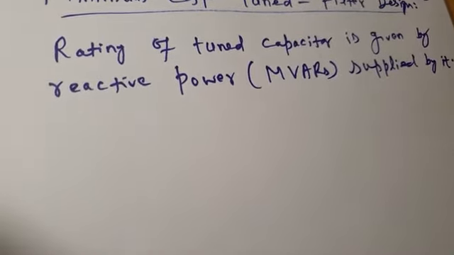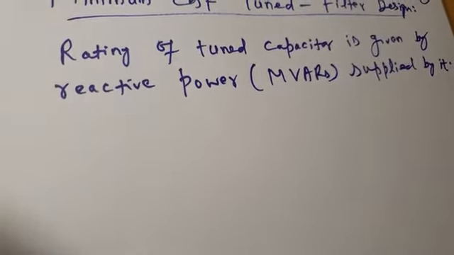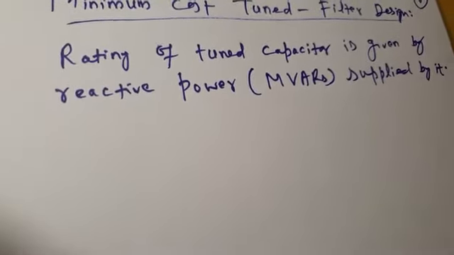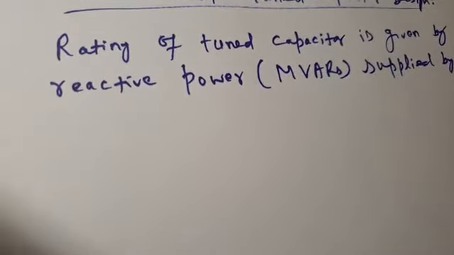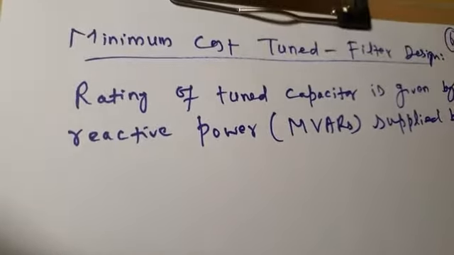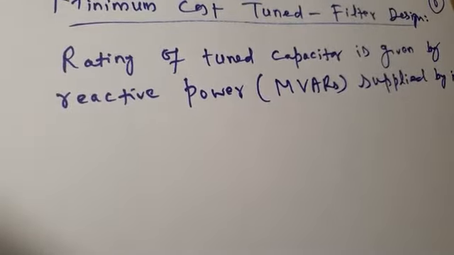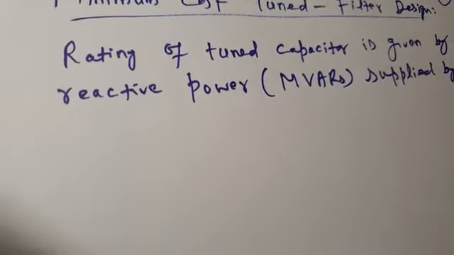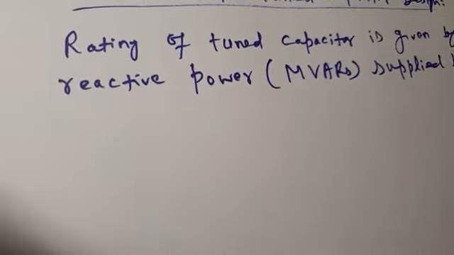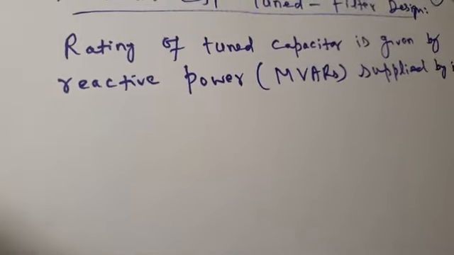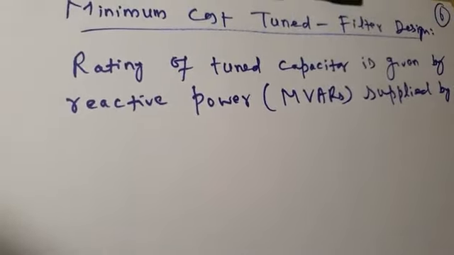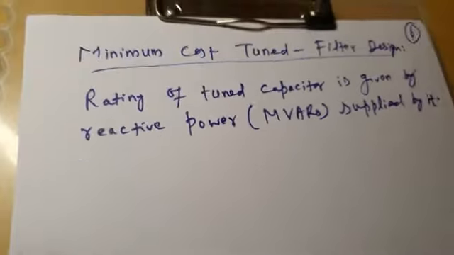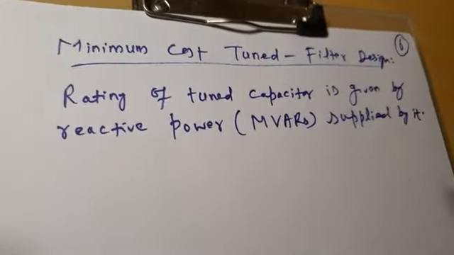That reactive power compensation provides the maximum reactive power compensation, and then your harmonic filter also provides some reactive power compensation. If you want to design your filter for minimum cost, then you have to fix how much reactive power the filter has to generate or supply. Which part of the filter supplies the reactive power?